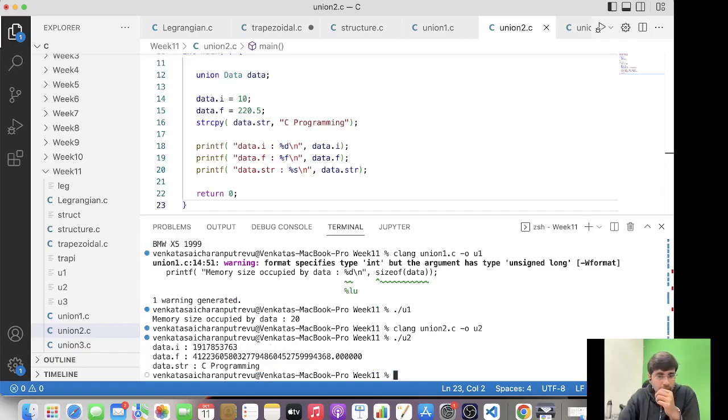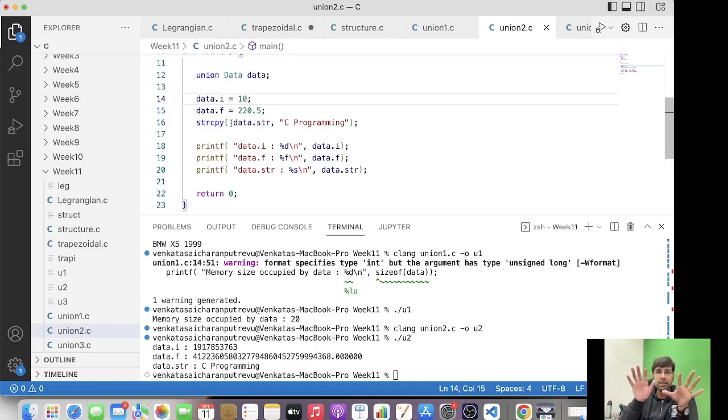You can see all the garbage values, because the union can hold only one value at a particular moment. It can't hold multiple values together, because we have assigned only one memory location to the whole union. Initially data.i will be there, then it will be overridden by 220.5, and finally "C Programming" was copied here.